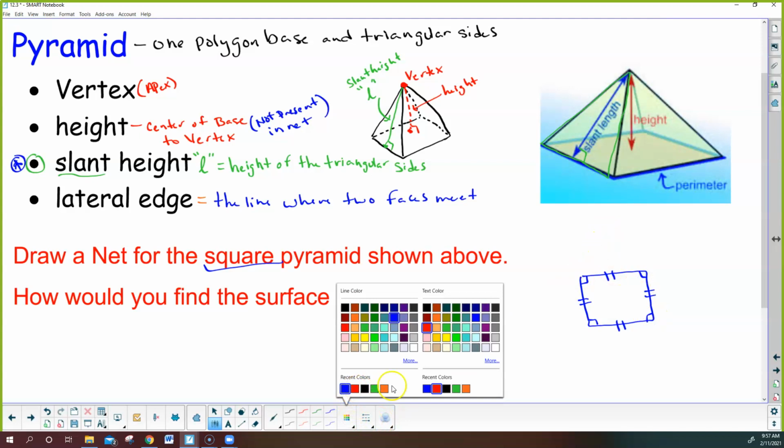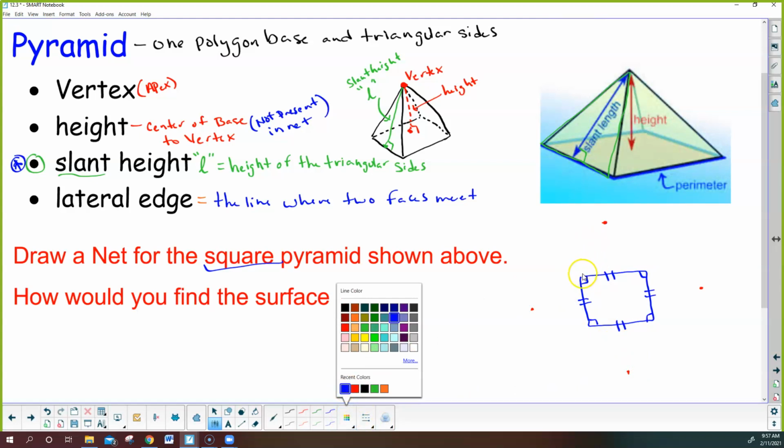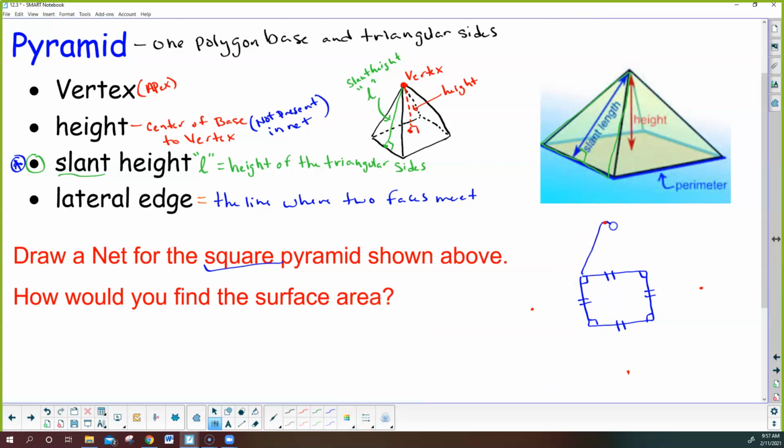Now I'm going to use a red dot to indicate the vertex. And that vertex, this red dot, is really the same distance away from each base. And then if I connect those with straight lines, that gives me the lateral faces, which are all triangles.